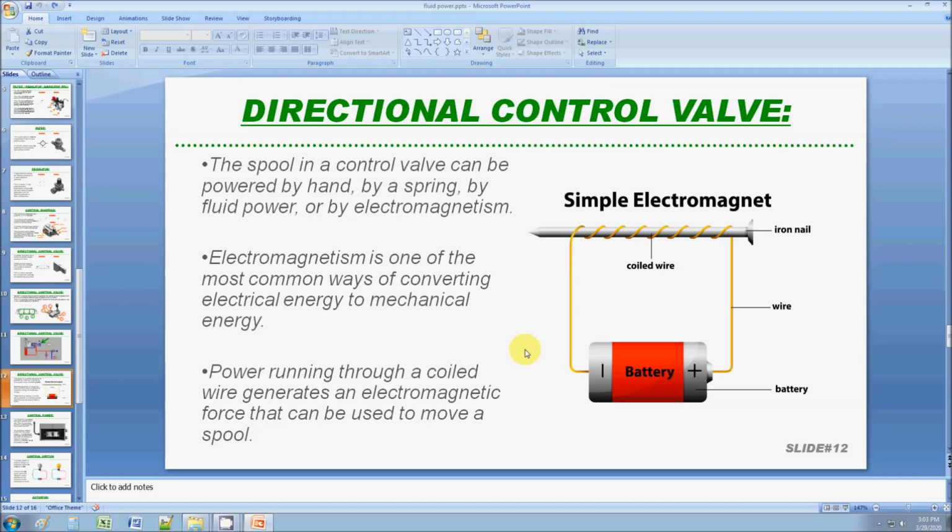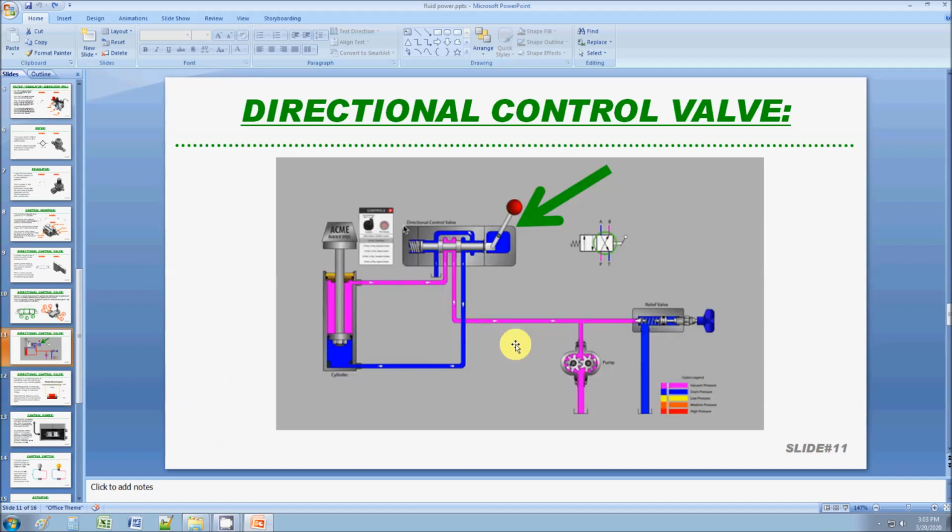It's more important how you can use that to your benefit. One of the reasons this is so powerful is that you can convert electrical energy to mechanical energy with this mechanism. And this is how I'm able to actuate this spool automatically.